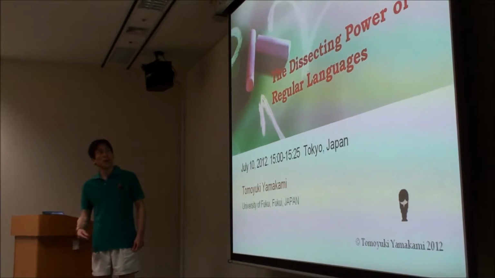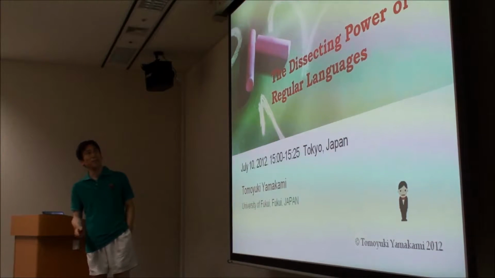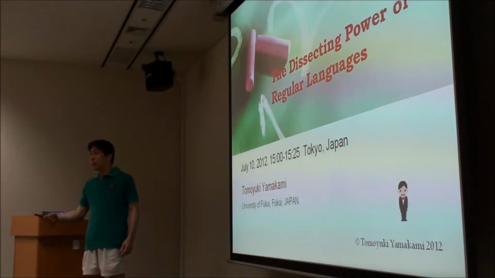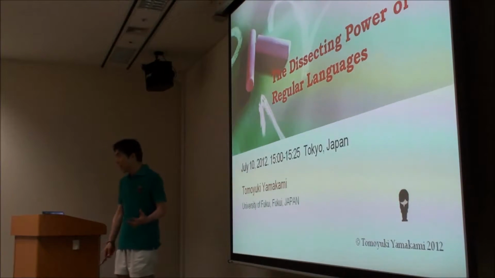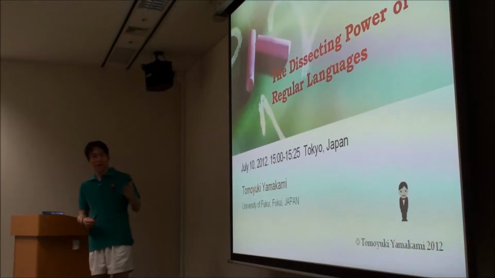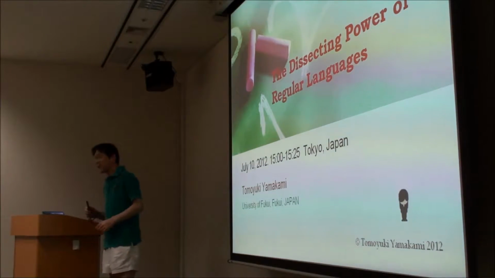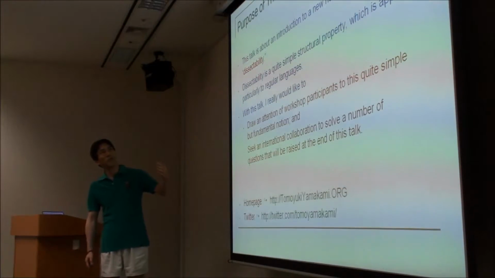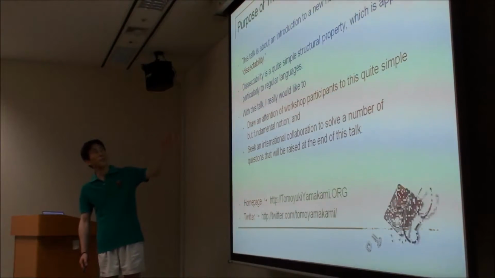Today, I'm going to talk about the dissecting powers in regular languages. This is about formal language and automata theory. This is the only one on that topic in this workshop. So just to relax, I'm going to introduce a new notion called detectability.